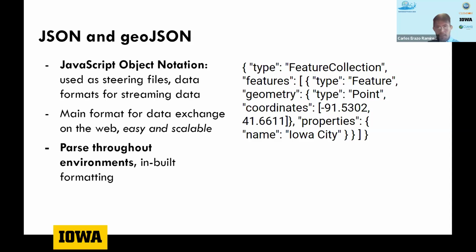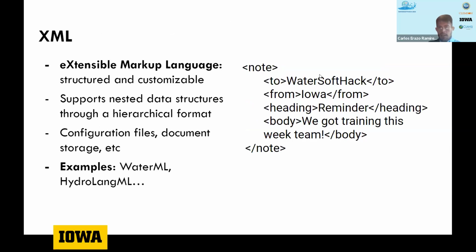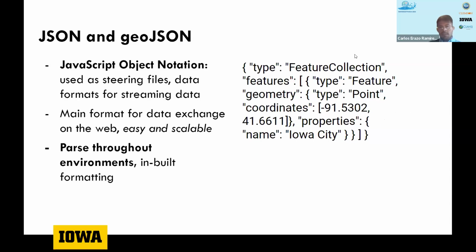And the example that I'm giving on the right, sorry, is GeoJSON. So GeoJSON stands for a particular geographical format that is being used, and has been used for quite some time, for mapping. For instance, this is a point for Iowa City, and what you have is the type, a feature collection.